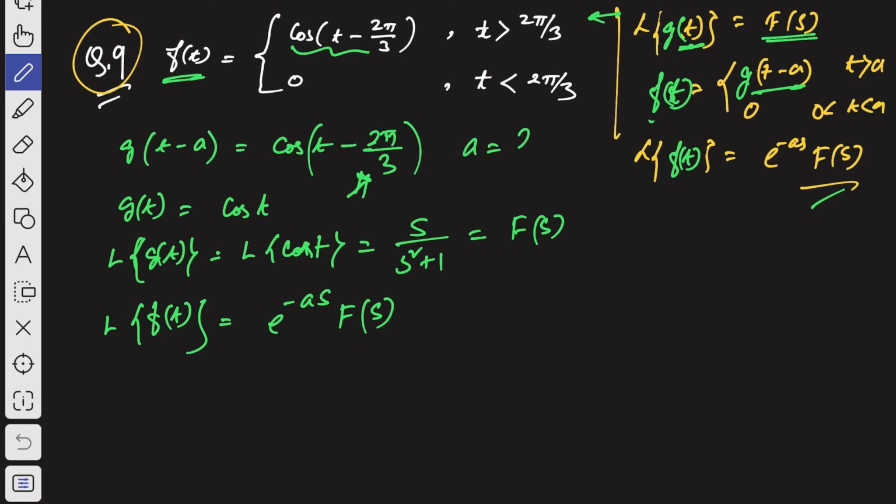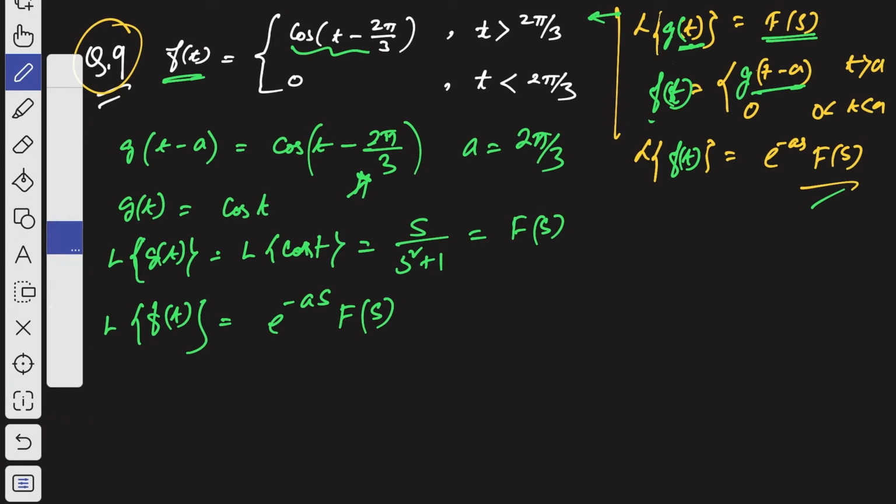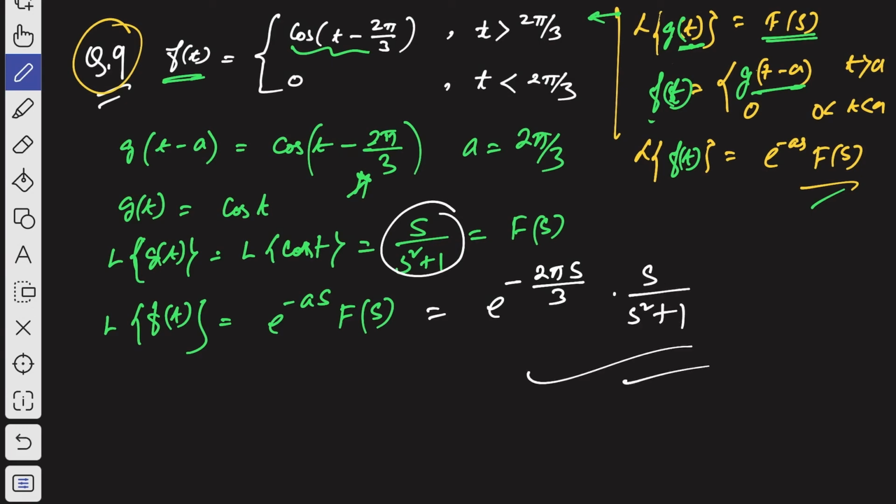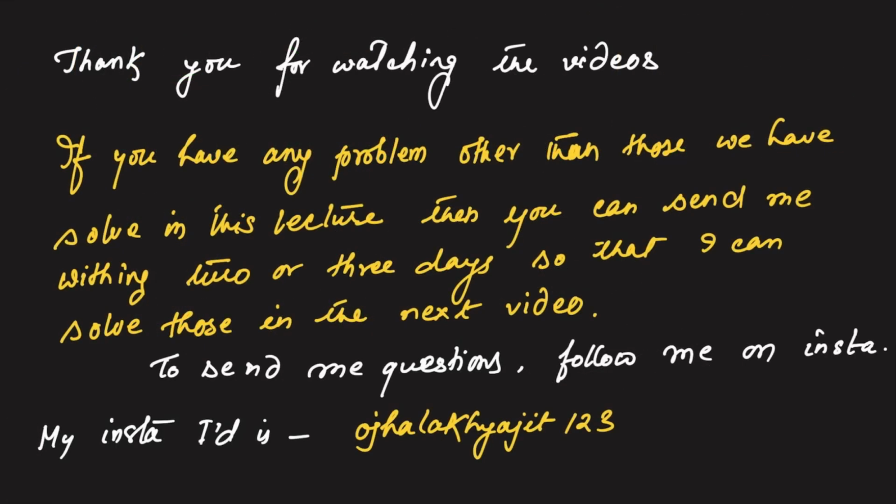So here a is equal to 2 pi by 3. Then our result is going to be equal to e to the power minus 2 pi s by 3 times capital F of s, and capital F of s is this, right? So here we will get s by s square plus 1. So that is our result. So hope you have understood. This is the last question.